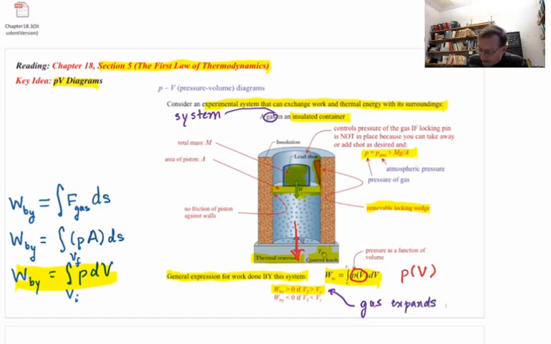And the work done by the gas is a negative quantity if the final volume is less than the initial volume, if the gas contracts. Okay? That's also very important. There's a sign convention with work done by. Work done by the gas is positive if its volume gets bigger, and negative if its volume gets smaller.